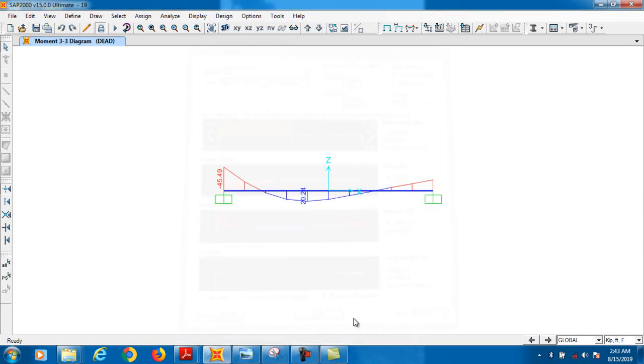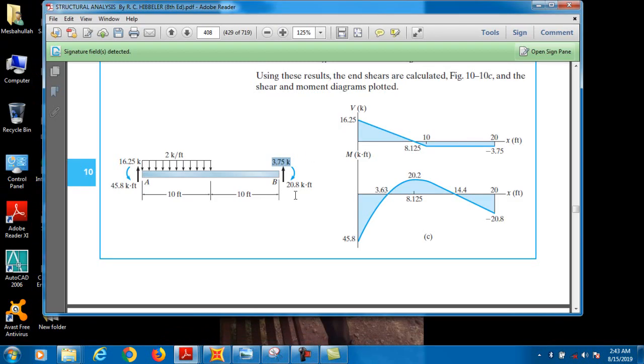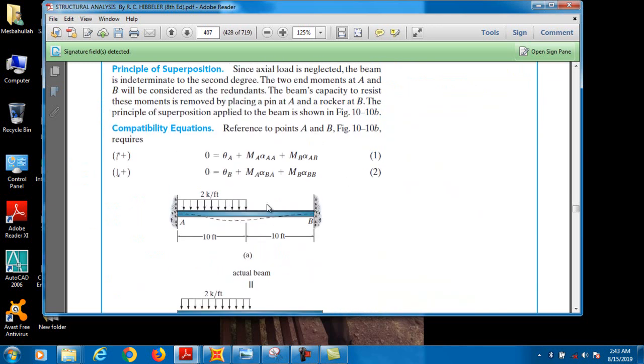Clear? So this is the end of lecture 1 of session 2, which is related to indeterminate beams. You must know this is an indeterminate beam, because you have 4 reactions and 3 equations of equilibrium. So this beam is basically 1-degree indeterminate. You must know this is a fixed beam, and at A and B you have extra reactions.